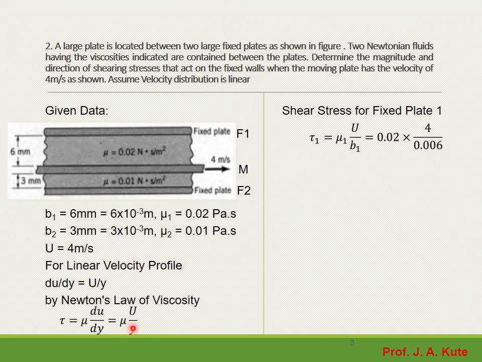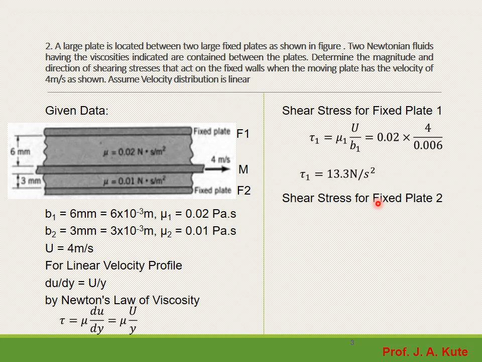This y would be replaced by the distance of fixed plate 1 from the moving plate, that is 6 millimeter. So b1 is nothing but 6 millimeter, and mu 1 for fixed plate 1 and the moving plate is 0.02. Putting these values, you will get the shear stress acting on fixed plate 1 as 13.3 Newton per meter square.